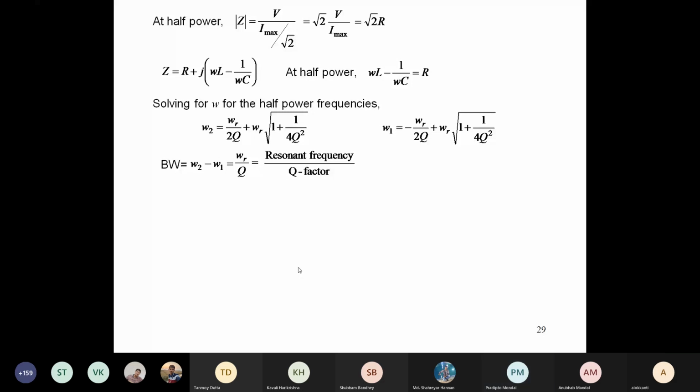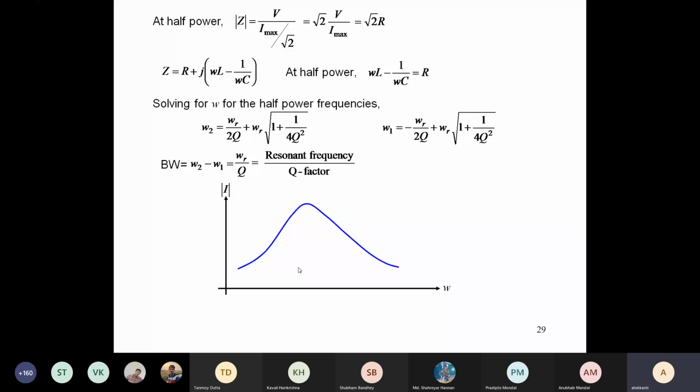If we plot the magnitude of the current versus omega, we can get these types of curves. All these curves will depend upon the values of the circuit elements. The curve can be flat, the curve can be very peaky, and there can be curves in between. This results in different types of bandwidths.